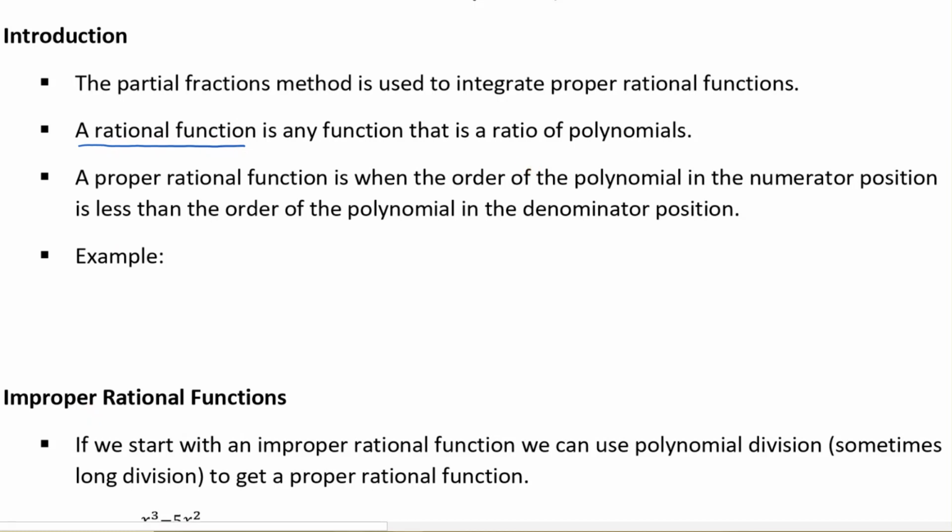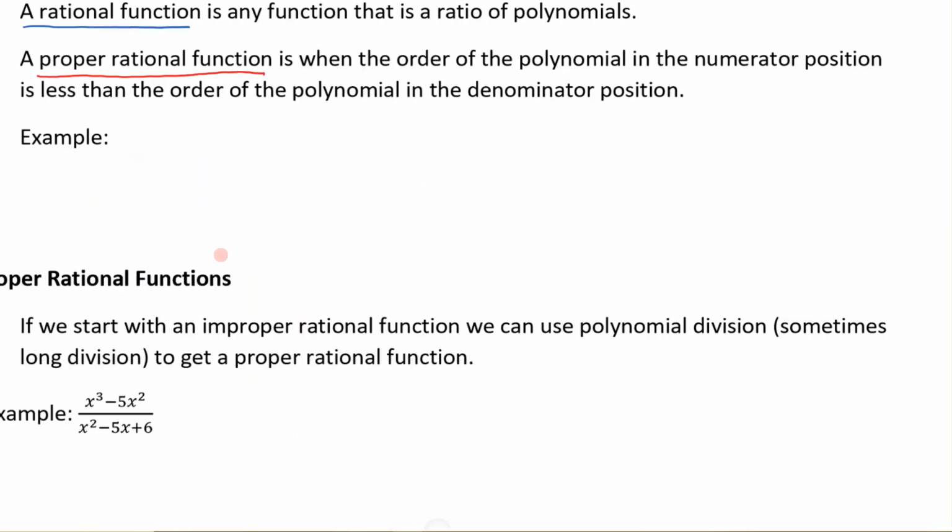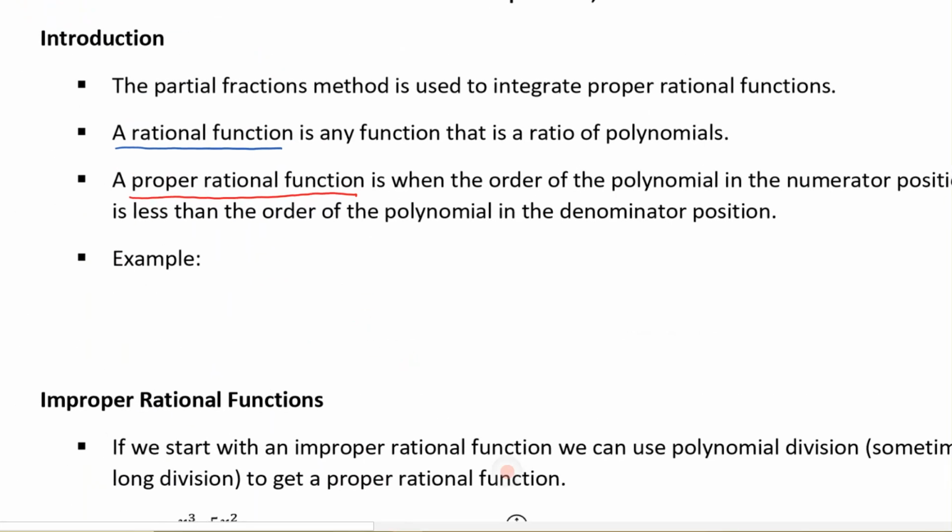A proper rational function is when the order of the polynomial in the numerator position is less than the order of the polynomial in the denominator position. What does this mean? Let's say we have something like x minus 1 over 3x squared minus 9.